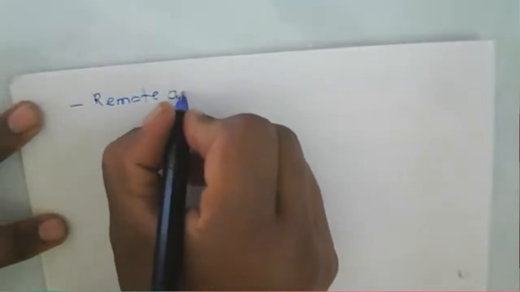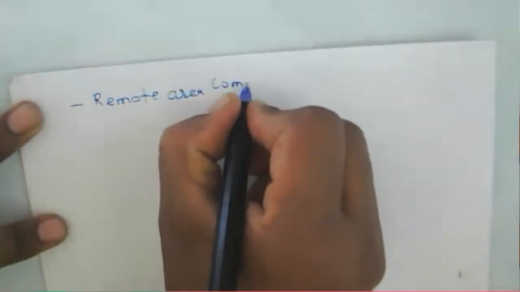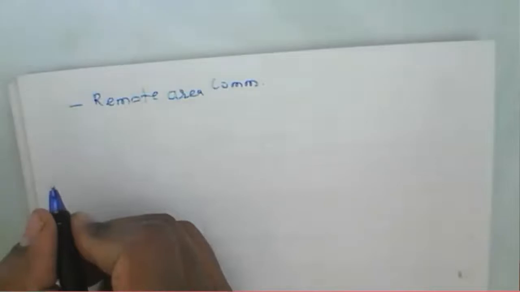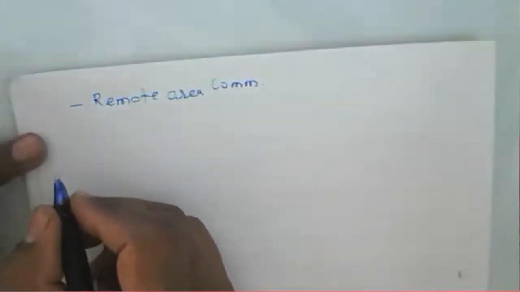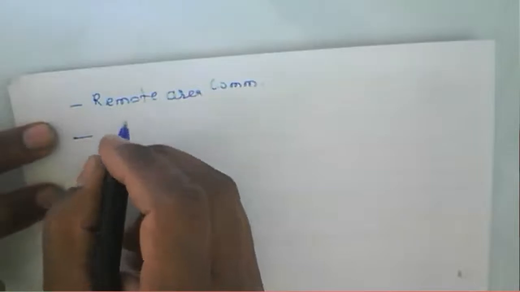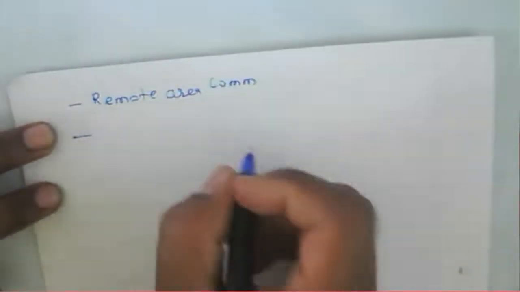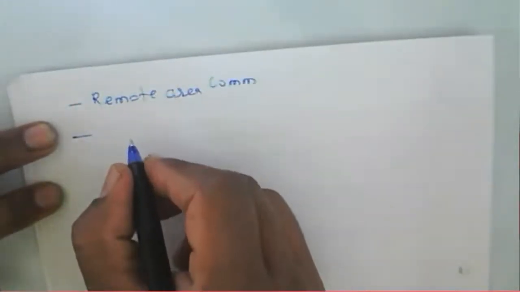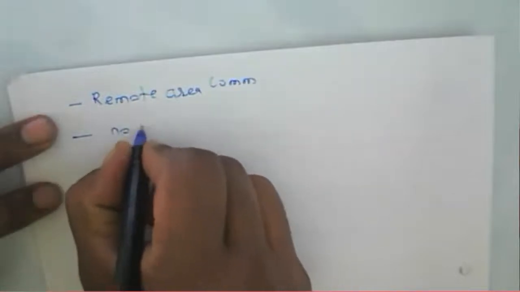If we launch this satellite, it can be useful for remote area communication, because this satellite is fixed. From the earth station, the satellite looks like it is in a fixed position.